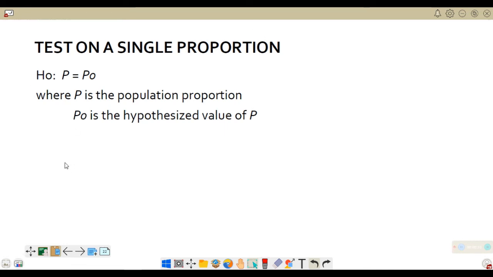Yung example na pin-prepare ko is for a single proportion. So, test on a single proportion. The null hypothesis is the population proportion is equal to P sub 0, or the hypothesized value of P. So, ito yung theoretical value natin or yung kiniklaim dun sa ating research.